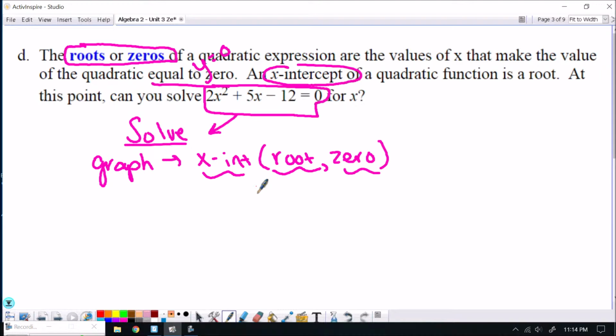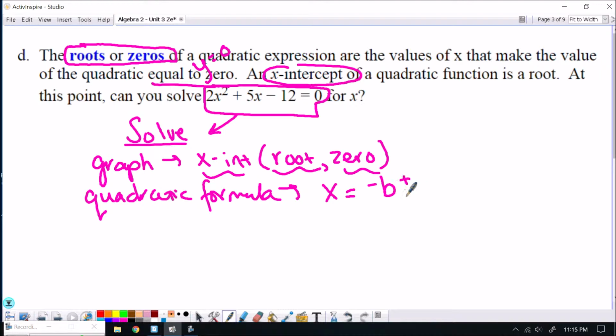We can also use the quadratic formula. Remember, the quadratic formula was x equals negative b plus or minus the square root of b squared minus 4ac, all over 2a. Typically, we would take standard form, so a, b, and c, and put that into the quadratic formula, and that would give us our x-intercepts, so our roots or our zeros.